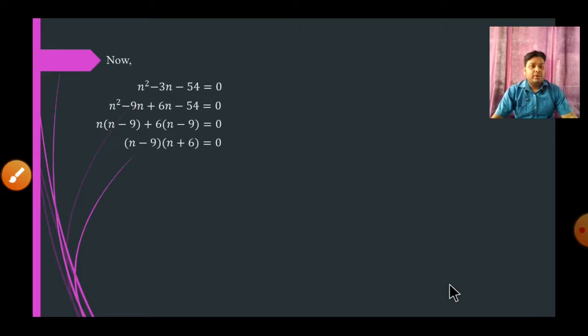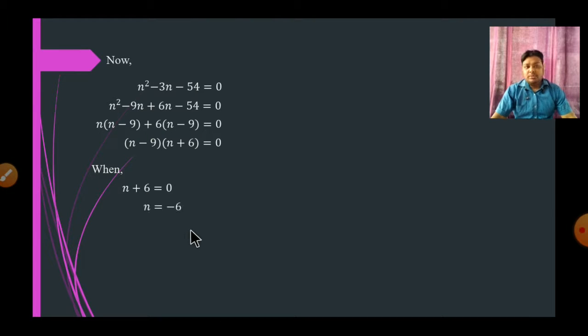Now, after that, what will we do? How to find the value of n? Okay. If two factors are in product and in RHS there is a 0, then we will use the zero product rule. What is that rule? We will make each factor equal to 0. So if we take n plus 6 first, when n plus 6 is equal to 0, then plus 6 will go to that side, and n will be minus 6.